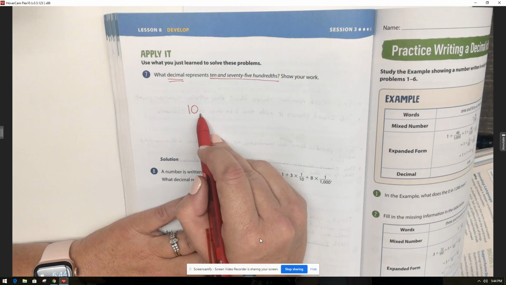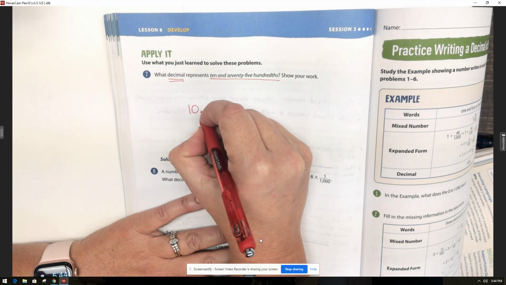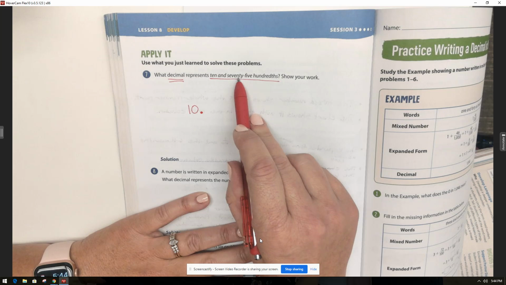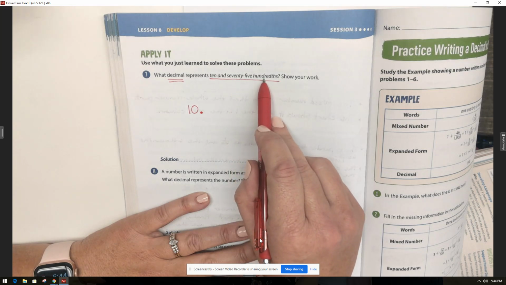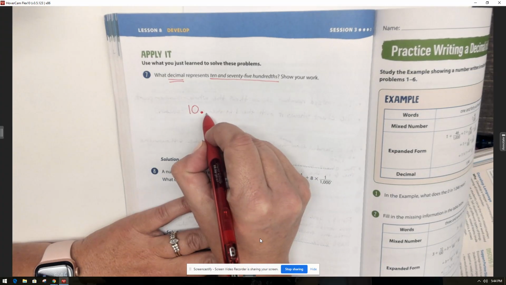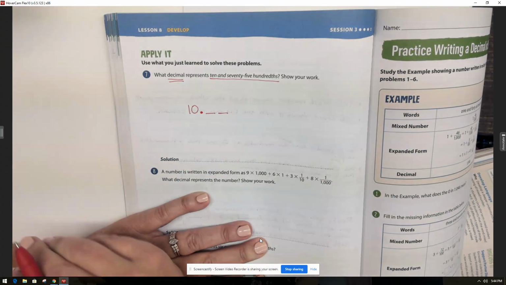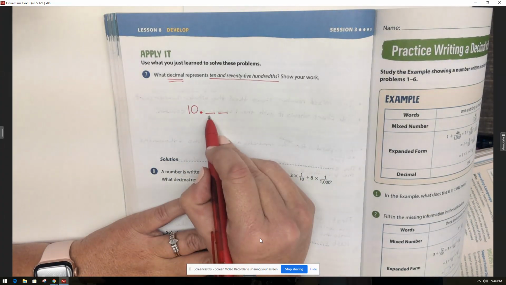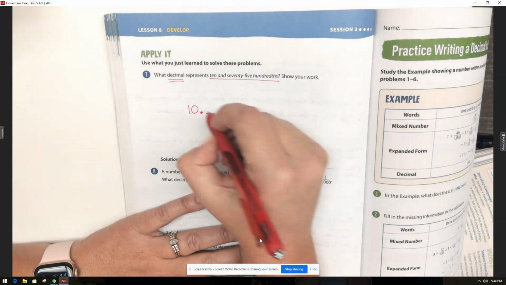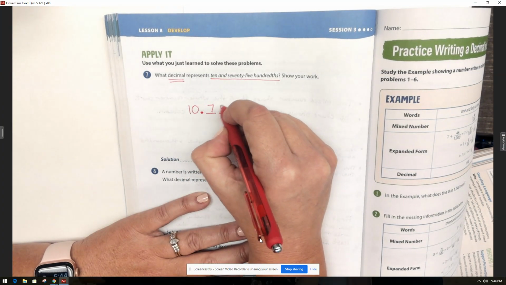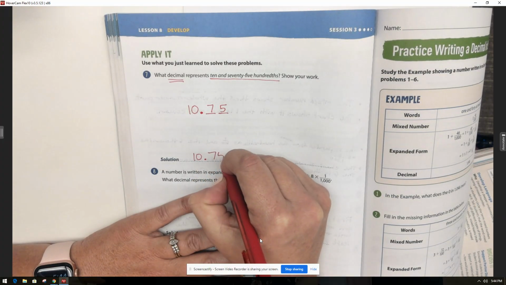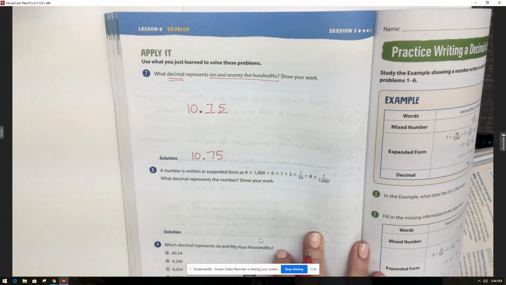That tells us that next we're going to see a decimal. Then we need to see what comes next. 75 hundredths. How many place values come there? Well, we've got tenths, hundredths, so we know we're going to need 2 digits. What 2 digits? 75. So we're going to write 75. So our decimal is 10 and 75 hundredths.